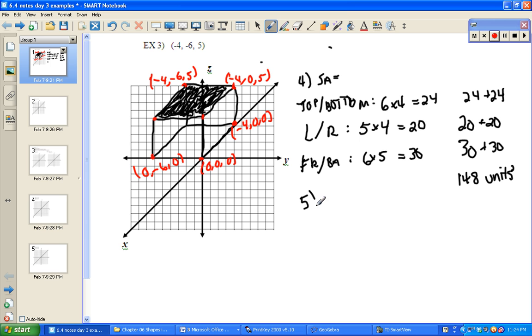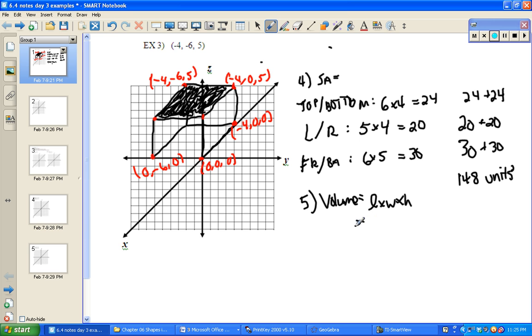The volume is length times width times height. The length of this is 4, the width is 6, and the height is 5.